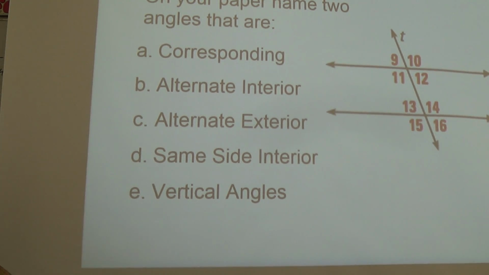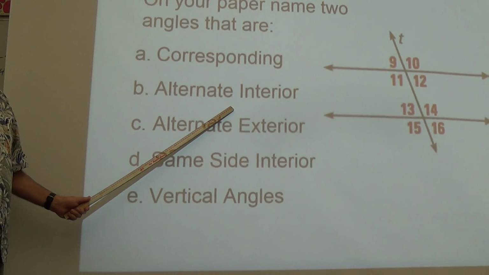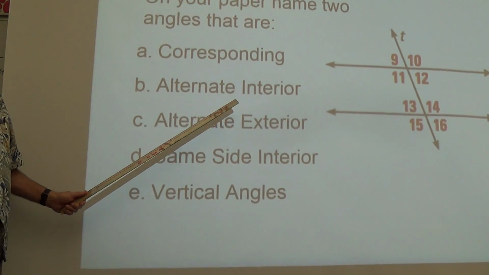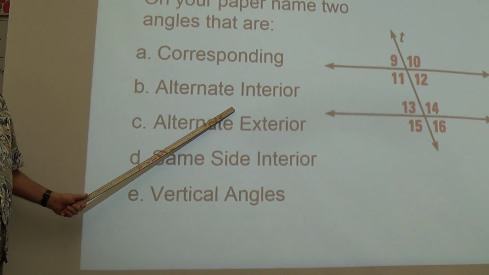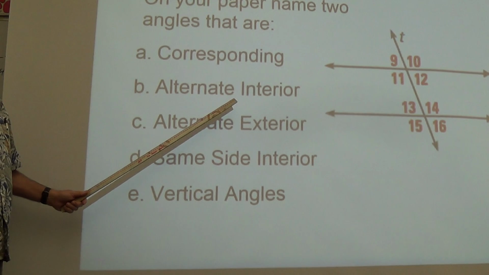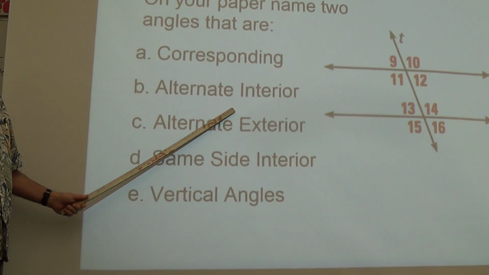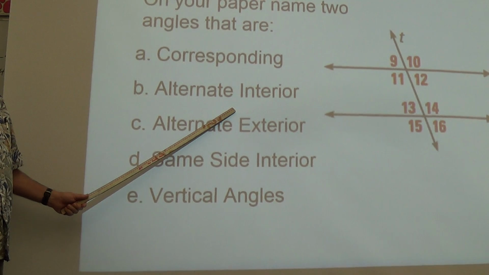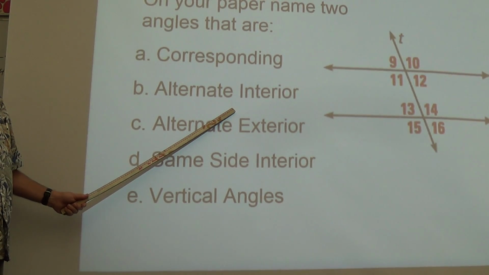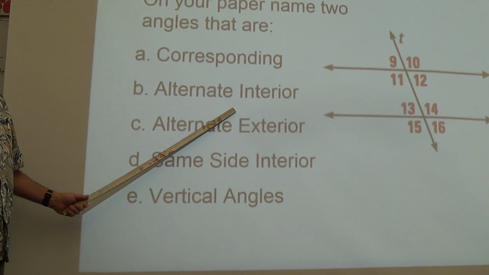So Caroline, give me a set of alternate interior angles. 12 and 13. 12 and 13 would be. Alexis, give me another set of alternate interior. She said 12 and 13.